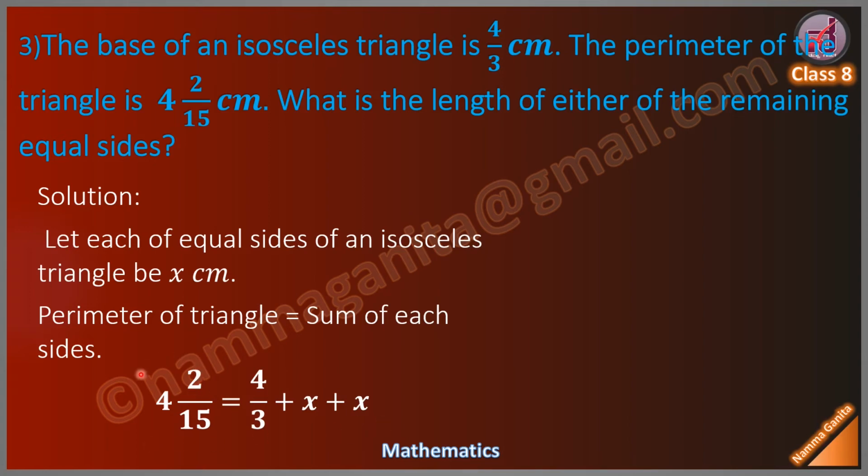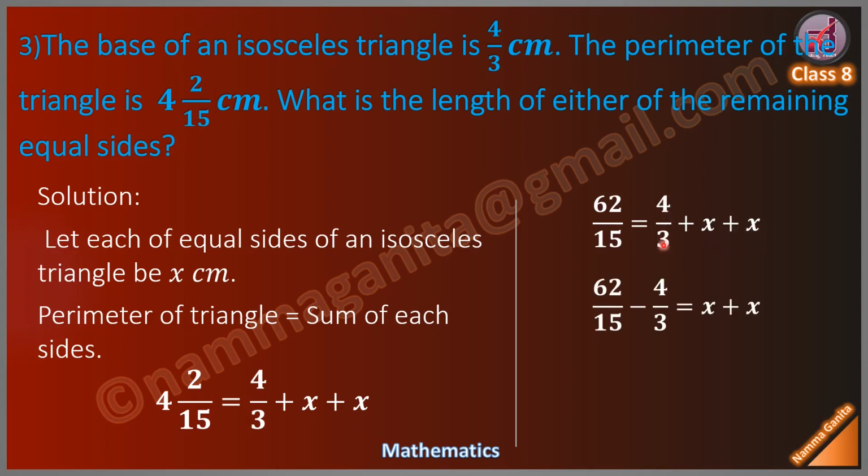First simplify the mixed fraction into improper fraction. 4 into 15, that is 60. 60 plus 2 is 62. 62 divided by 15 is equal to 4 by 3 plus x plus x. Shift this 4 by 3 to the left hand side. 62 divided by 15 minus 4 by 3, that is equal to x plus x.